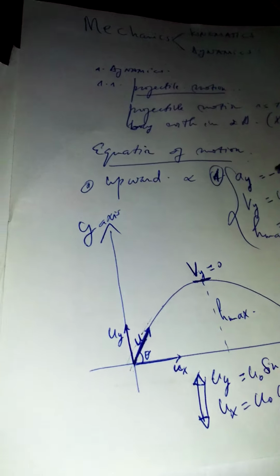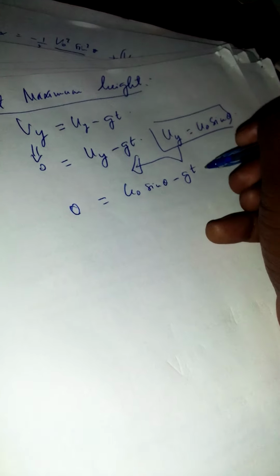So, velocity is 0, and we know that the velocity at a certain time of the projected body is equal to u initial y minus gt. When this becomes 0, we have 0 equal to u initial minus gt. Remember, u initial y is equal to u0 sine theta. Substituting, we have 0 equal to u0 sine theta minus gt.